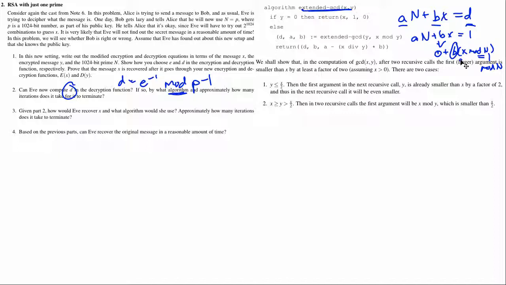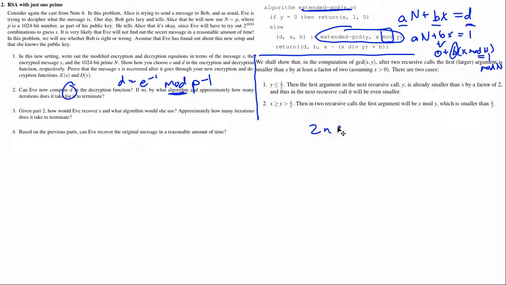So we use the EGCD, and how many iterations would it take? Well, we see that you have a recursive call here, which uses mod, and if you read the lecture notes, I made an excerpt here, where they showed that the normal GCD algorithm runs 2n times, right? Because after two recursive calls, the larger argument is smaller by at least a factor of 2. Now notice here that you need two recursive calls. Why?